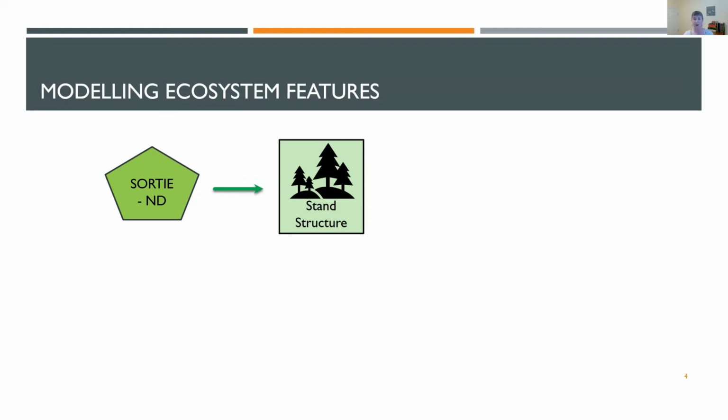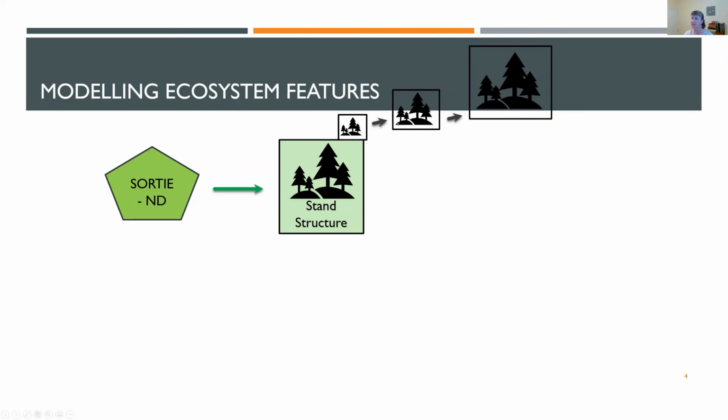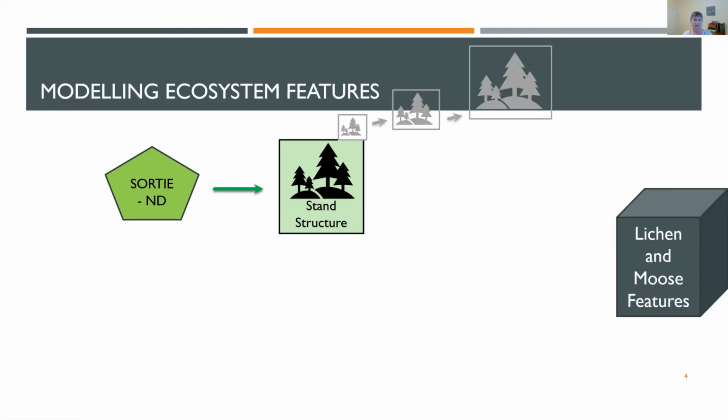And in addition, we can model snag dynamics, so we can model forest health disturbances as well. So this model provides information on the trees and the stand structure and the light environment as it changes over time in these stands. But how do we model the lichen and the moose browse features that are important within these stands?